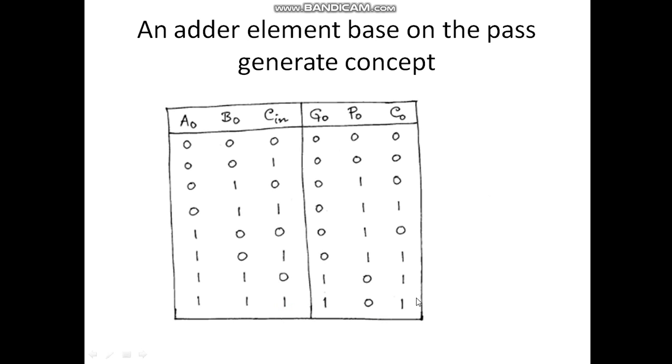Okay. So we can conclude that when P is equal to 1, the transmission gate is enabled and C0 will be same as Cin. And when P0 is equal to 0, the transmission gate is disabled, and when A and B are equal to 0, C0 is equal to 0, and when A and B are 1, C0 is equal to 1.